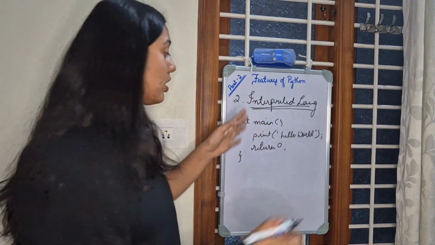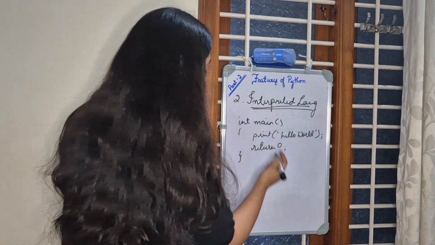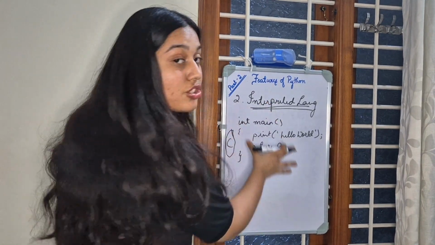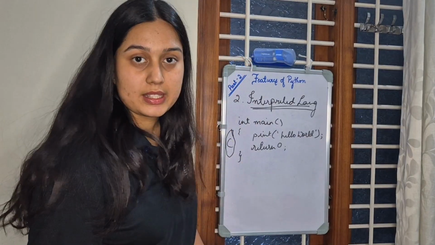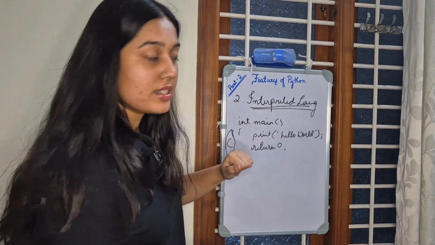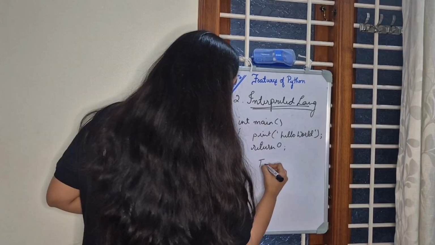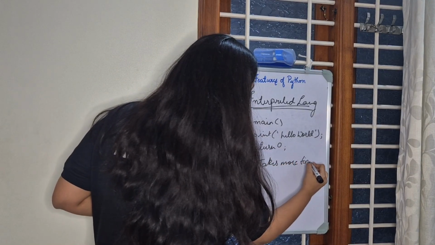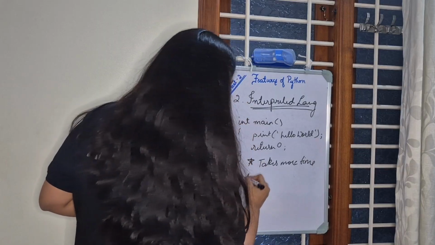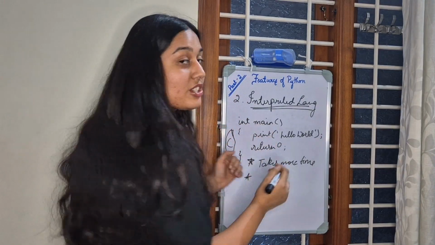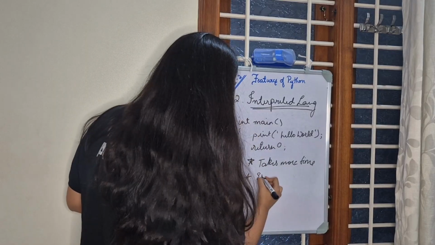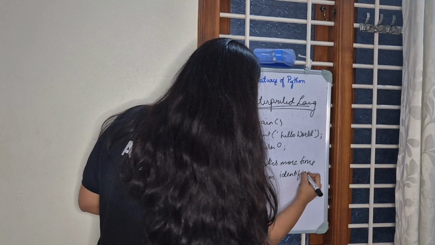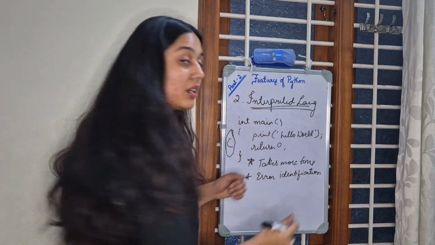So what happens in C language? In C language, it executes the whole code at once. So this takes more time, and we can't find out at which line the error happened. Error identification becomes a problem.